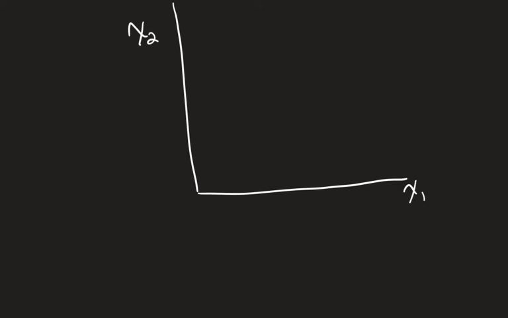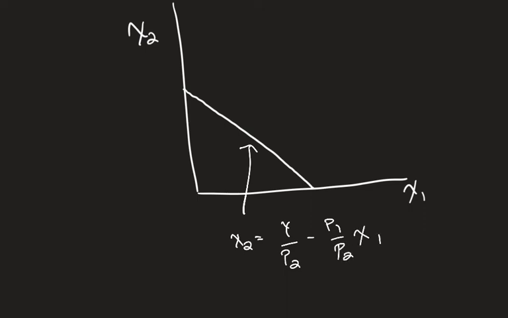Graphically, we can just draw this consumer choice problem. Draw your budget constraint. Remember that budget constraint is x2 is equal to y divided by p2 minus p1 over p2 times x1. And so the slope here, that minus p1 over p2, is your marginal rate of transformation.